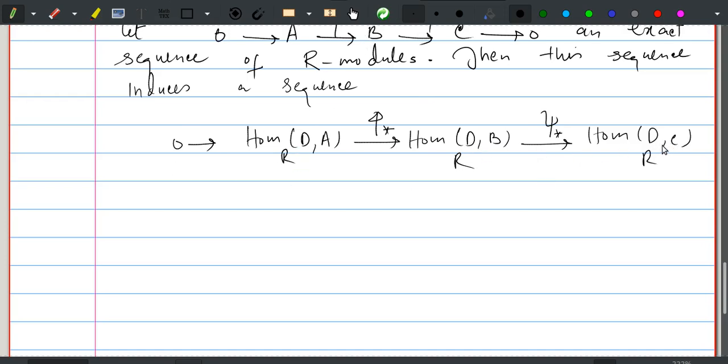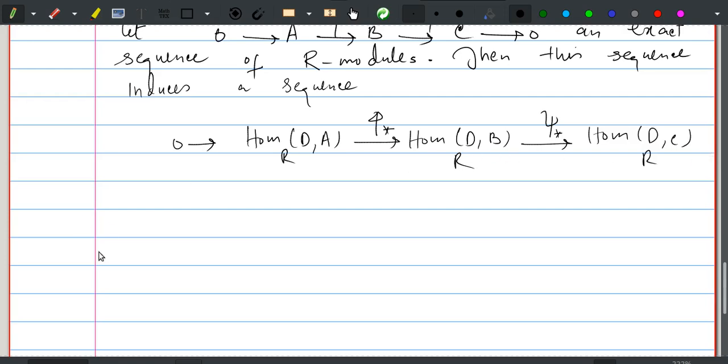One should observe here that 0 is not coming out of this module over here, but 0 is going in. Now since 0 is going in, we have to prove phi star is injective, and then we have to prove this sequence is exact here, i.e. kernel of psi star is equal to image of phi star.